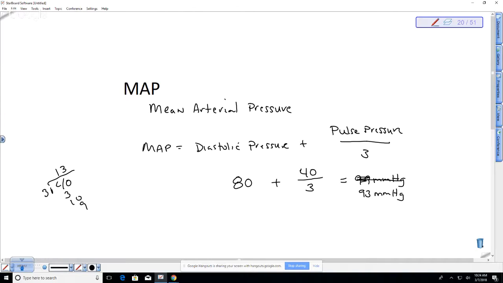No, you have to do the 40 divided by 3. I was so confused the whole time about where we were getting 99 from. I was adding 80 plus 40 and then dividing by 3. Oh, no. So that's good, I'm glad you asked. No, I think it says you have to divide first. Yeah, so that's 93. Okay.